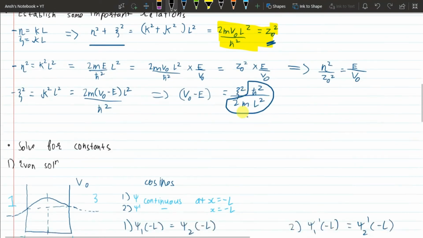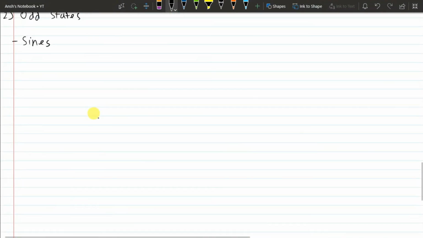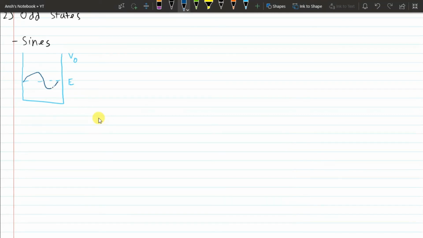The first odd wave function will look roughly like this. Say it has some energy E right here. It will look like this, and then it again decays outside the well as it goes to infinity, but we'll see by checking that kappa has a non-zero value for odd states as well.